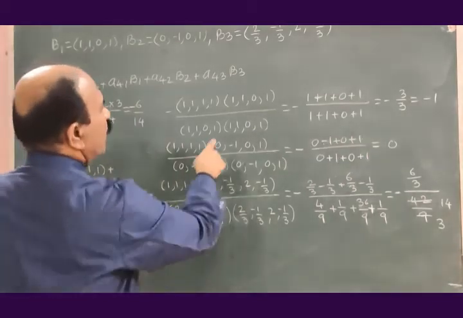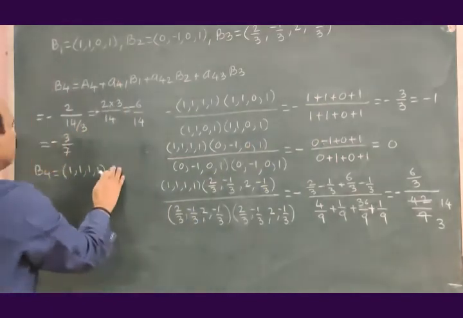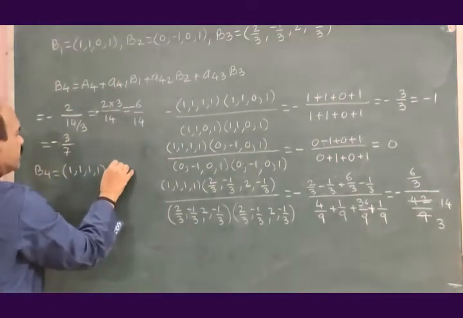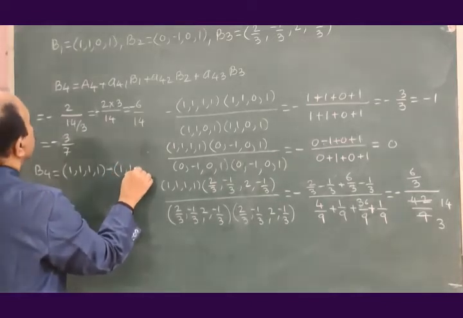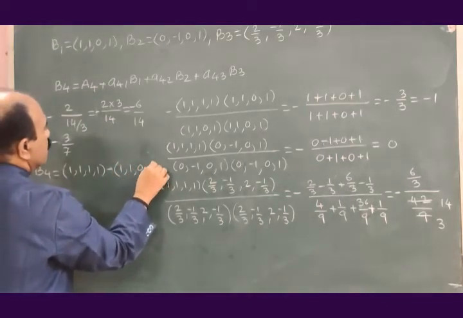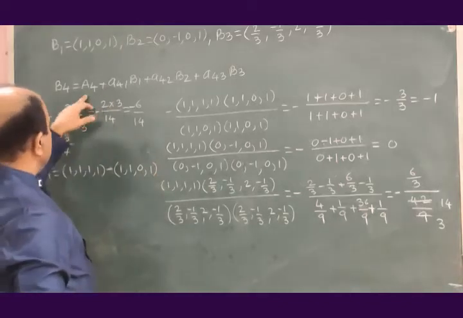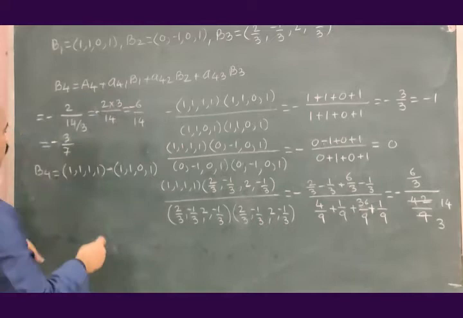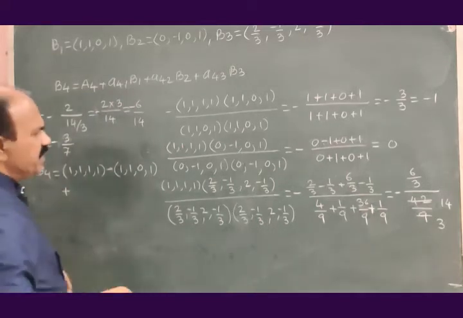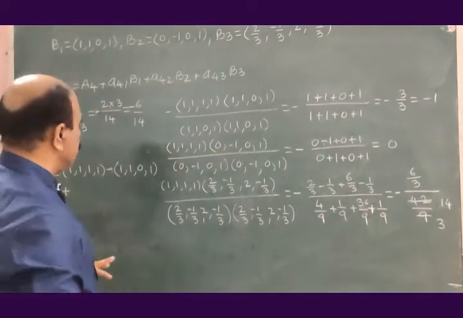What is A41? A41 is minus 1. Minus 1. B1 is 1, 1, 0, 1. A4 plus A41 B1 plus A42. And what is A42? A42 is 0.